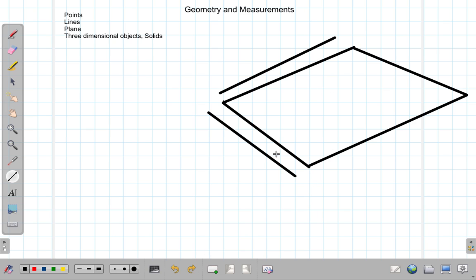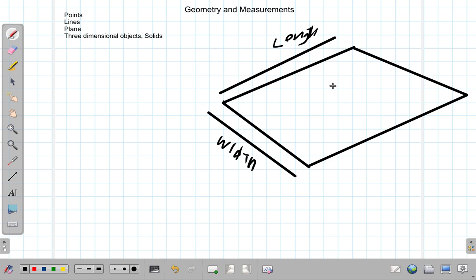So that is really a plane. It is a two-dimensional object. So in that case, I have my length and my width. 2 dimensions.